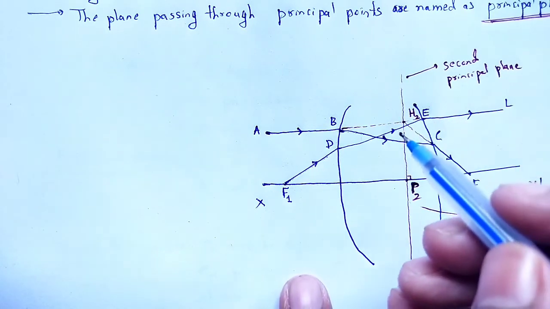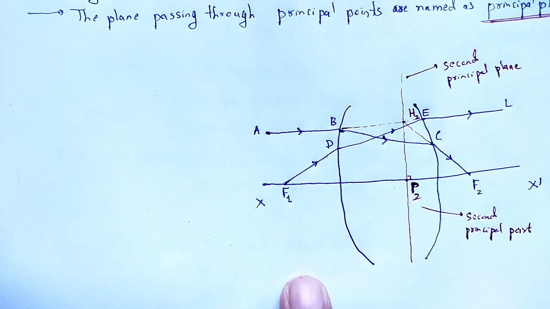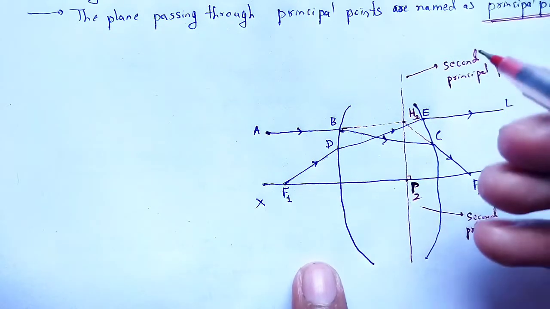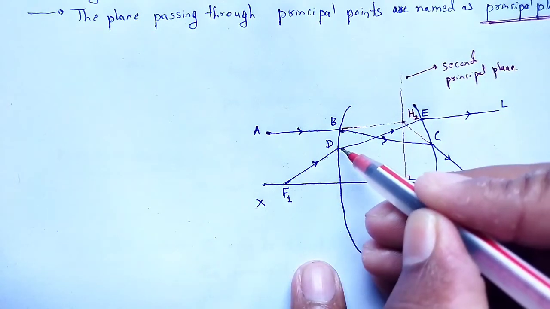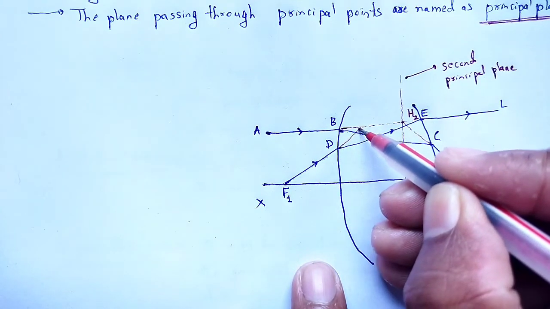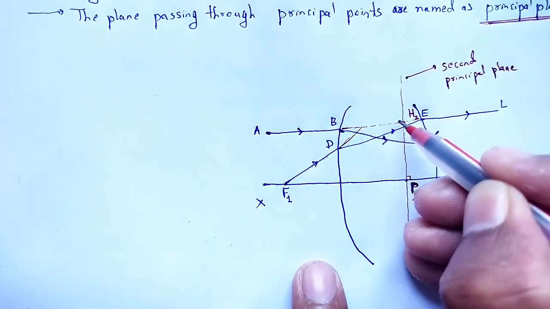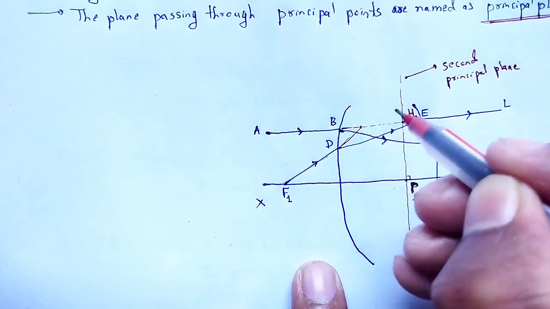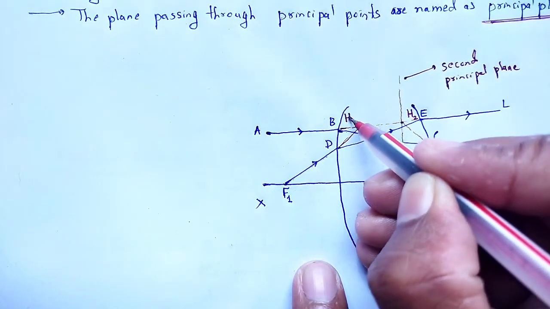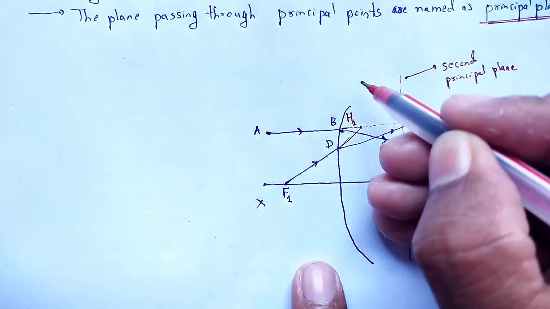Now that incident ray and the emergent ray intersect at the point named H1.